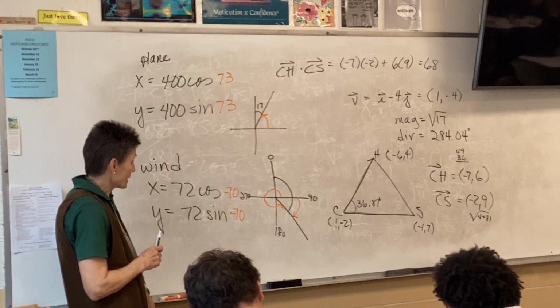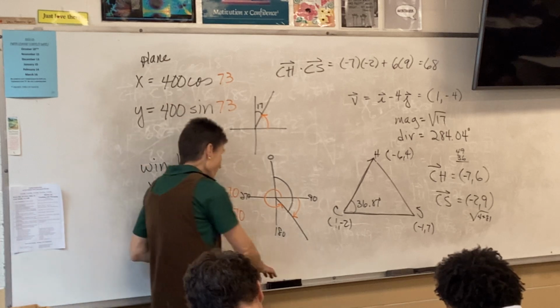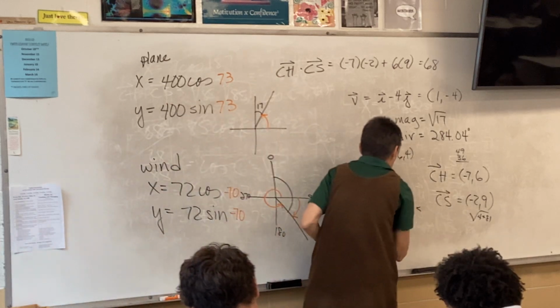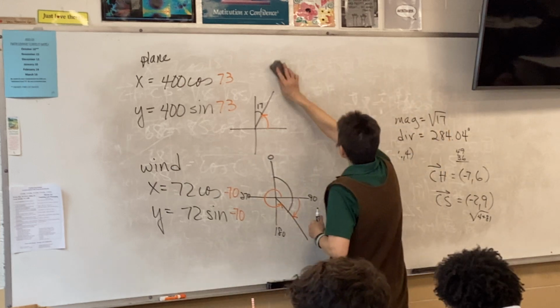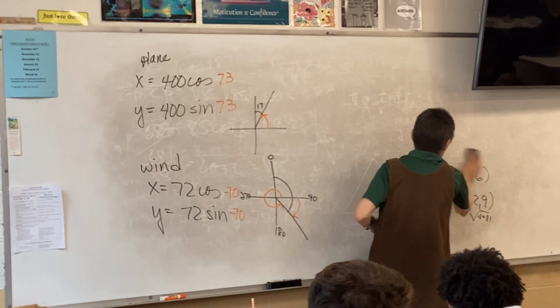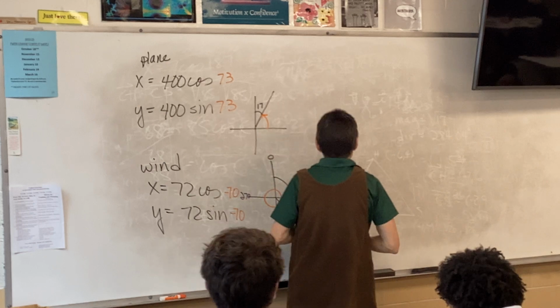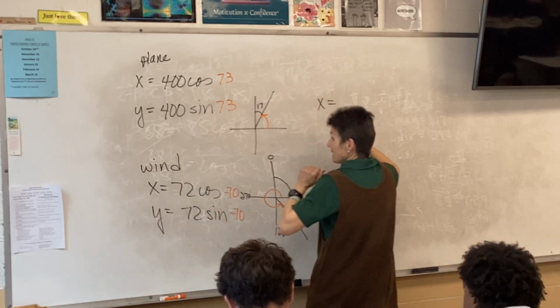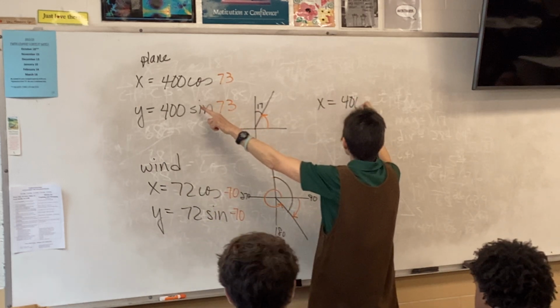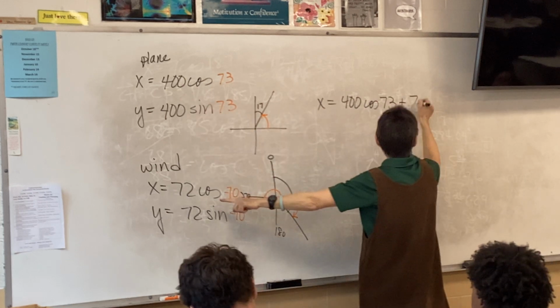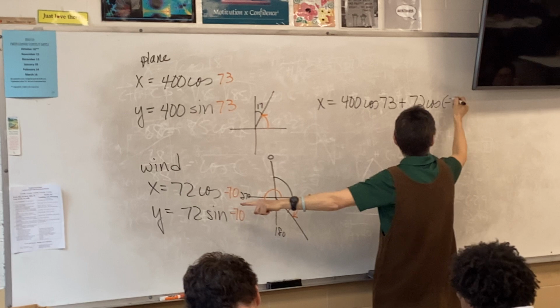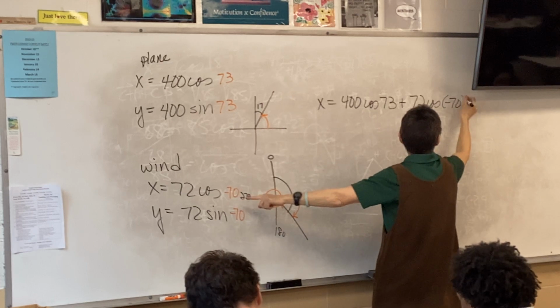Okay. Now, what am I trying to do? I'm trying to find out what happens when those two get added together. So I am simply going to take 400 cosine 73 and add it to 72 cosine negative 70.